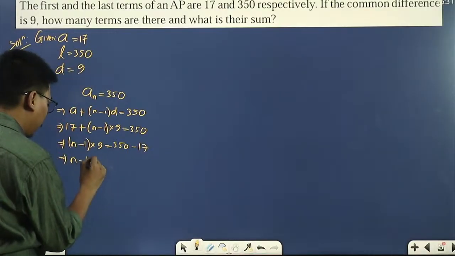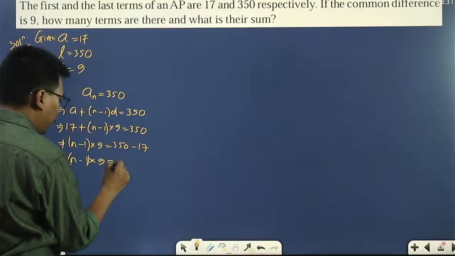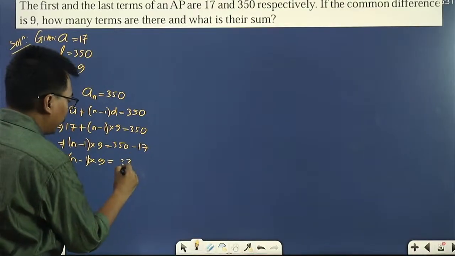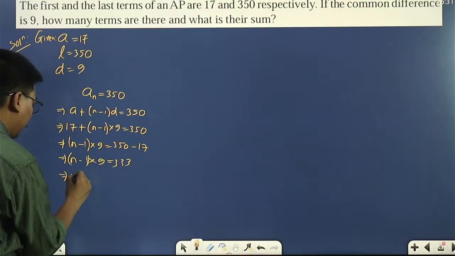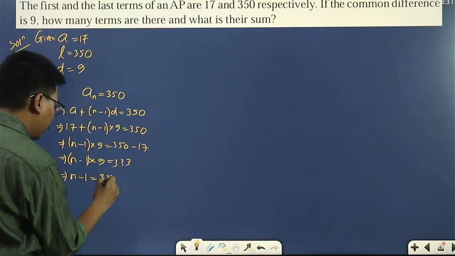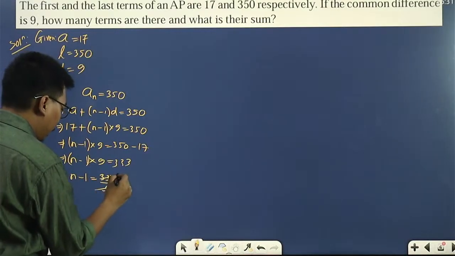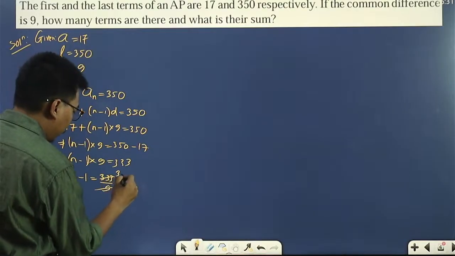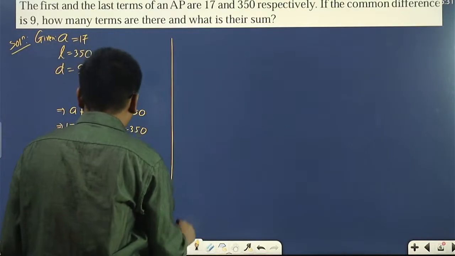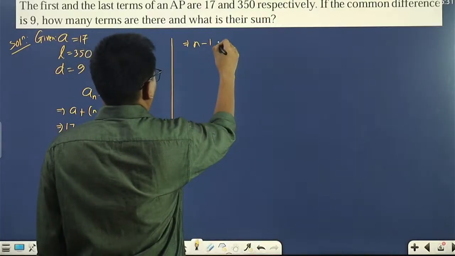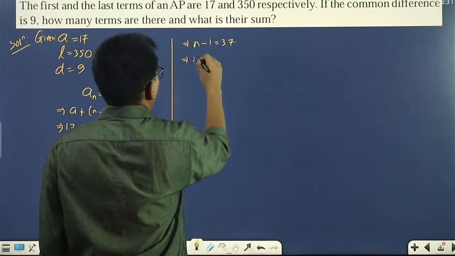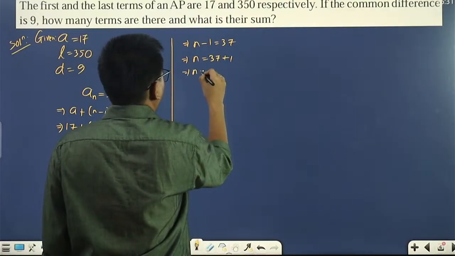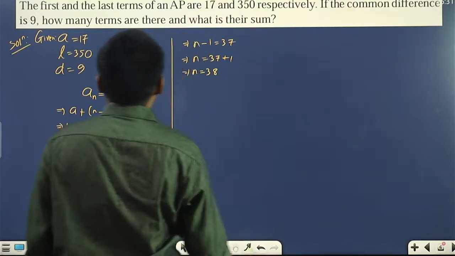So n minus 1 equals 333 by 9. 9 7s are 63, so n minus 1 equals 37. We'll get n equal to 37 plus 1, which implies n is equal to 38.